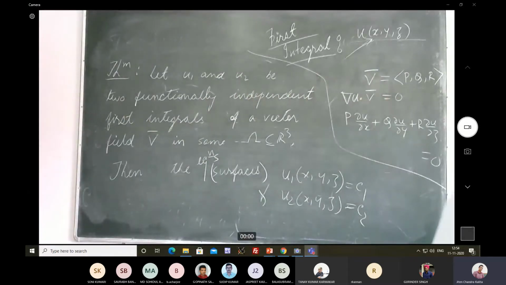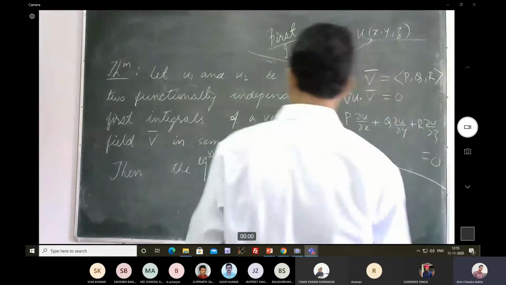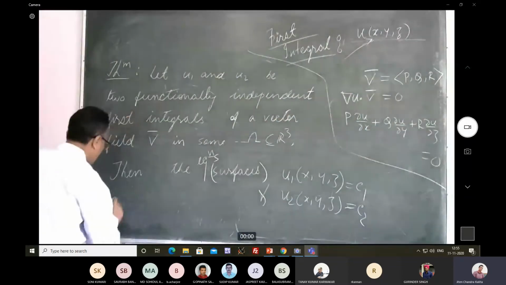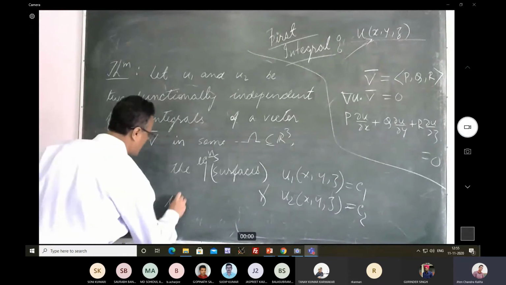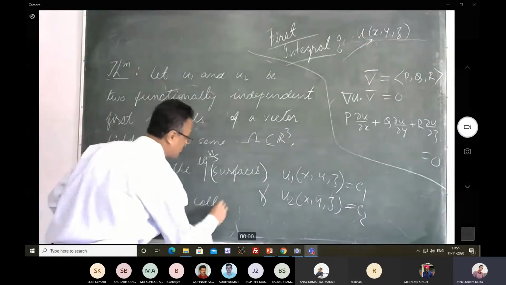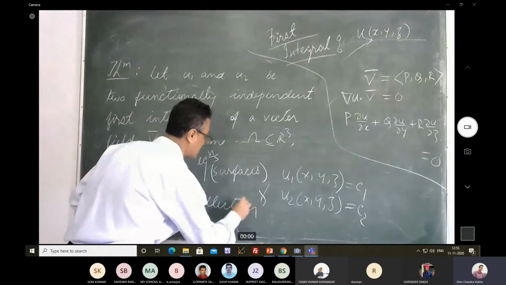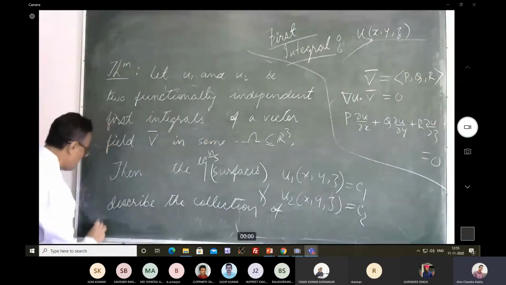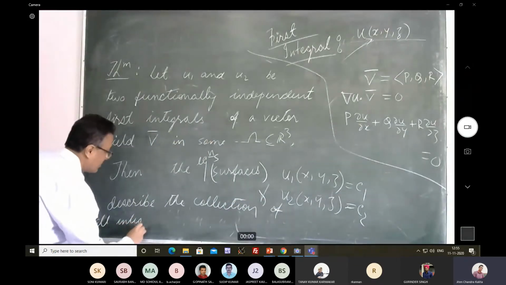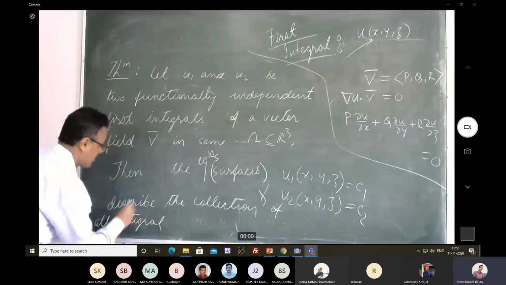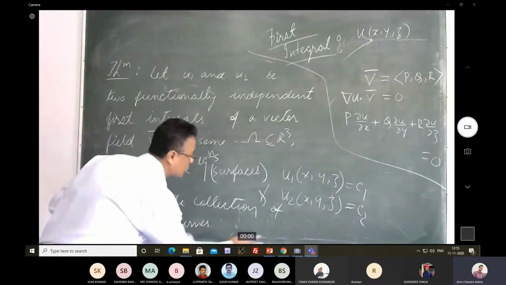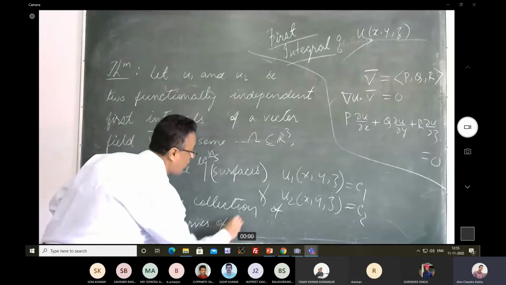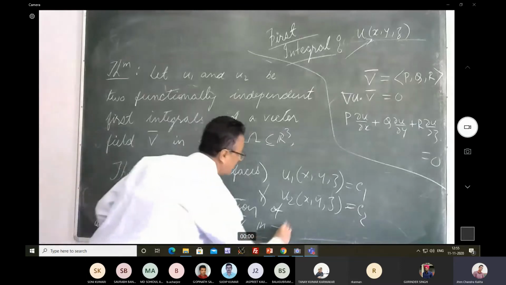Then the equations, these two, describe the collection of all integral curves of V in omega. That's it.